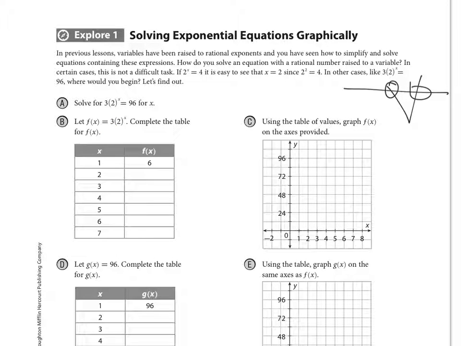All right. So here's what I want you to do. On your calculator, when you do this particular problem, we're going to put in 2 functions. The first function we're going to do is this one right here. So we're going to go to y equals. We're going to type that in, 3 parentheses 2 raised to the x power.